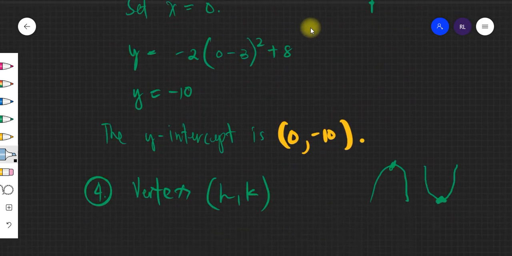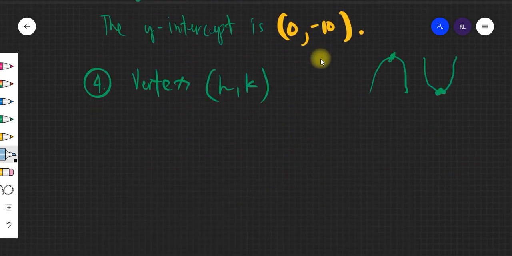So our vertex is, just note that, 3 and 8. So the graph opens downward, and the maximum point is that 3 and 8. Okay, so that's the idea.